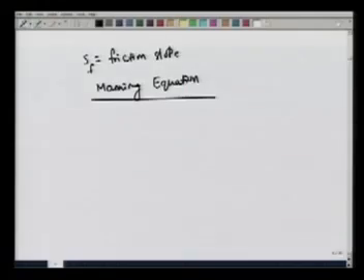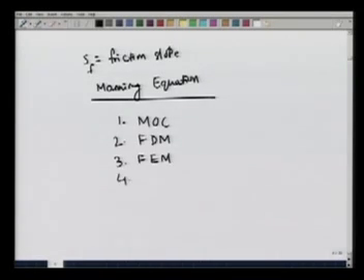So, coming back to the numerical solution, if I have to write some of the names here, then one will be method of characteristics. Then there is finite difference method. Then we have finite element method, also spectral methods. There are so many variations of these methods also.